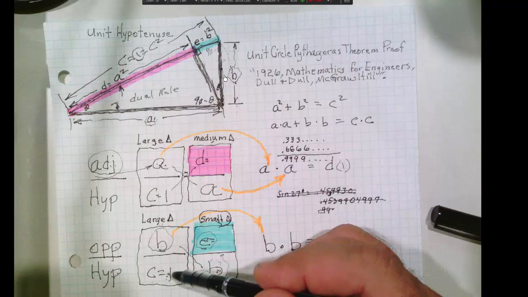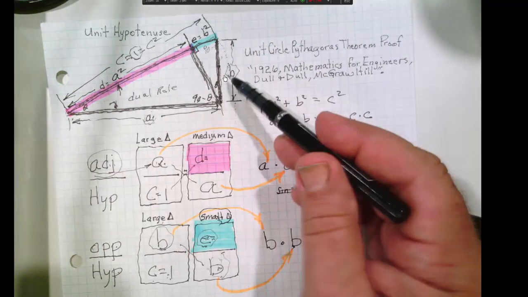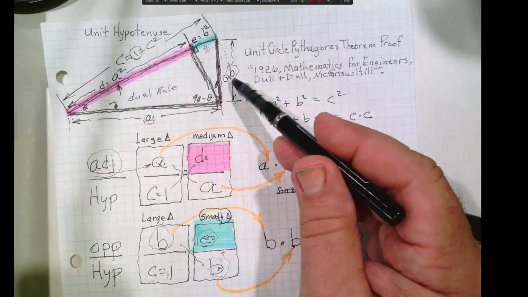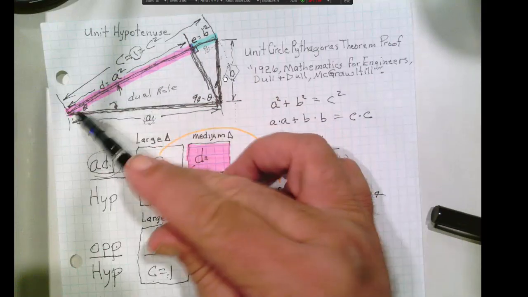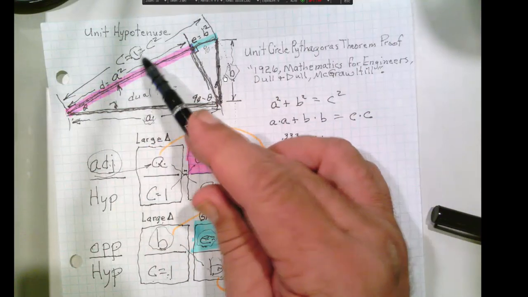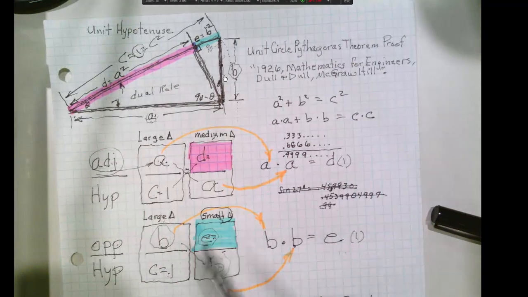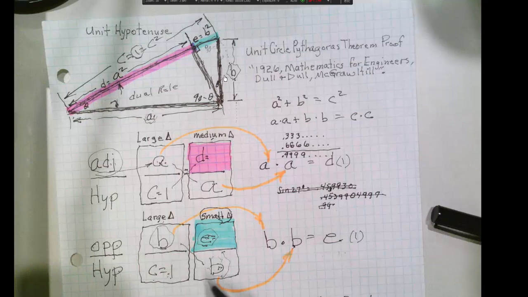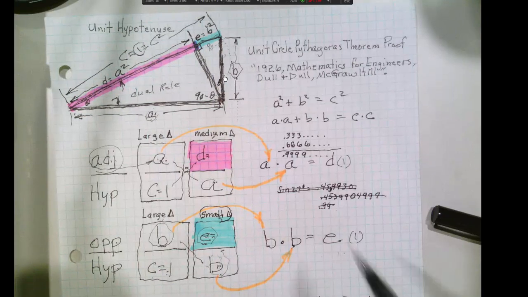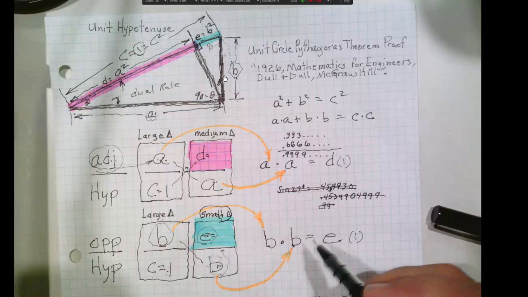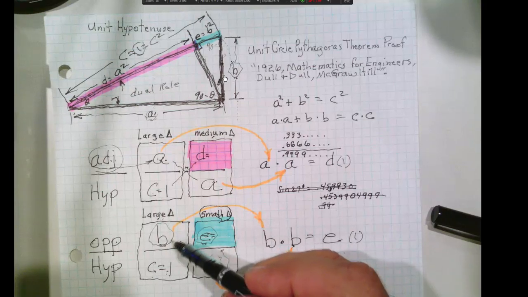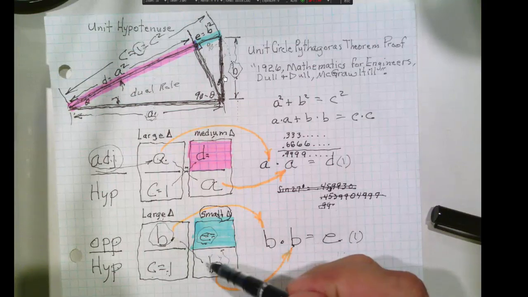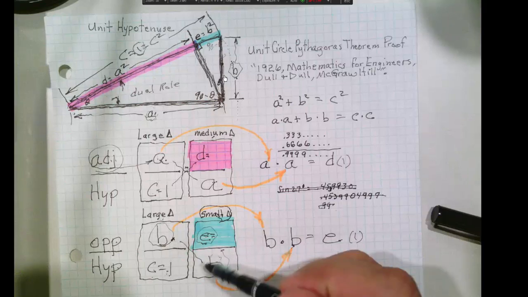Okay, so let's see what that looks like. Opposite side is B for the large triangle, and the hypotenuse is C, or 1. Okay, so we can see that cross multiplying here, it gives us this magic. That's where the B squared term, the second power term, comes from, because this side serves 2 separate roles.